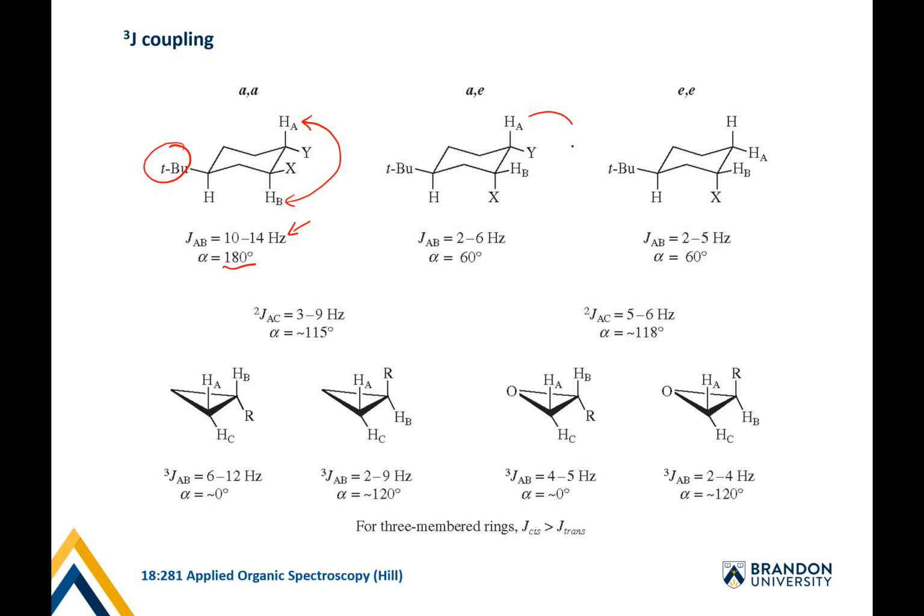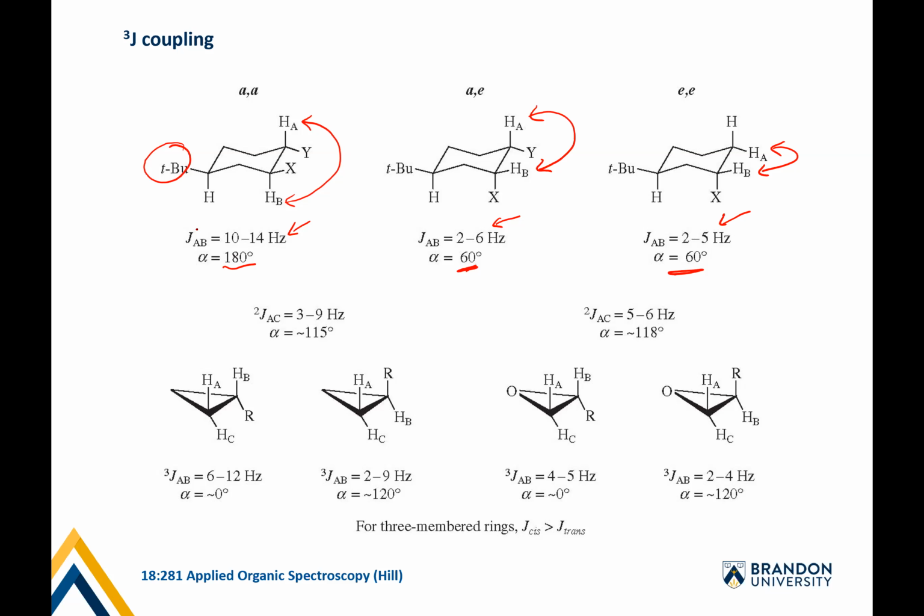When you've got an axial and equatorial, the bond angle is 60 and the coupling values are smaller. And then another example is when the two groups are both equatorial. Again, this dihedral angle is 60, and the coupling constant would be smaller.